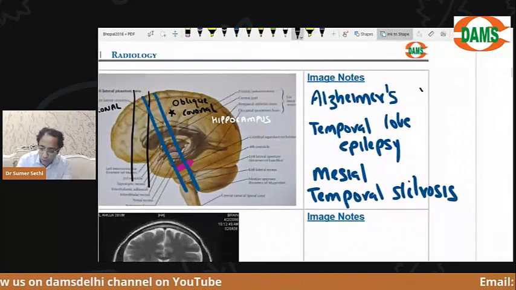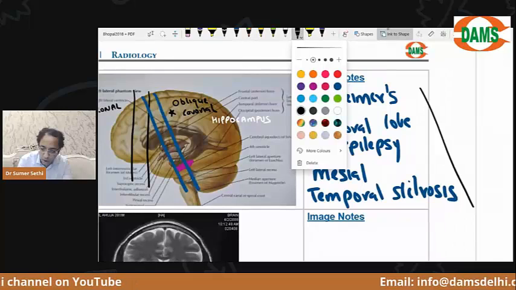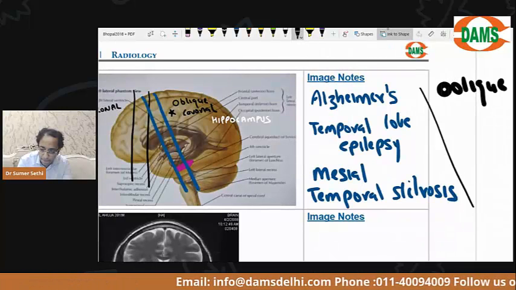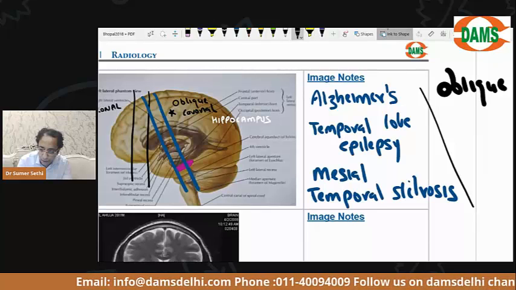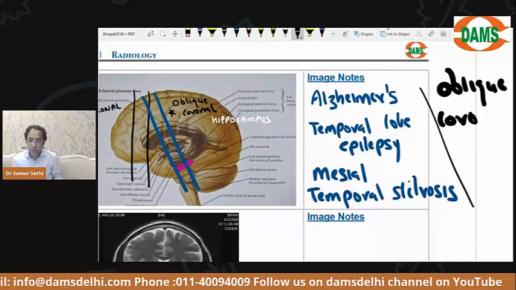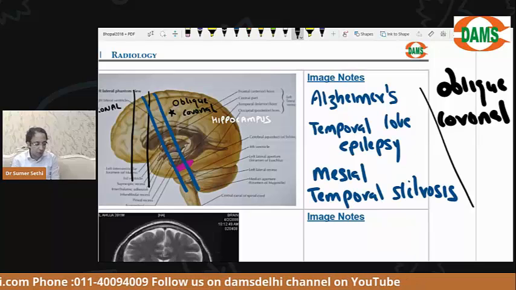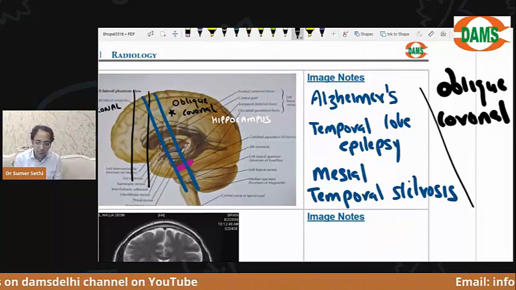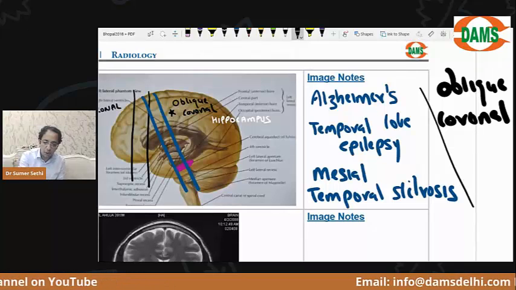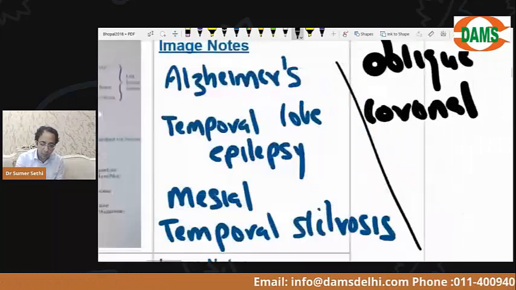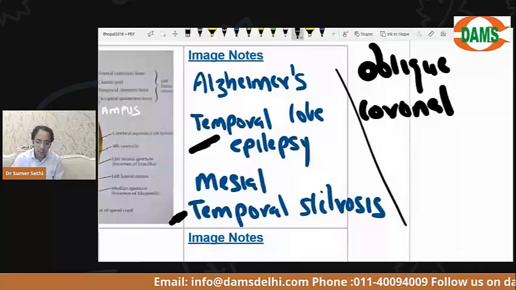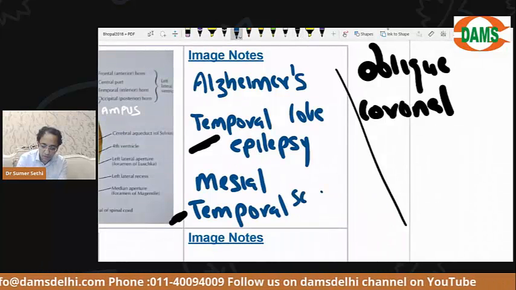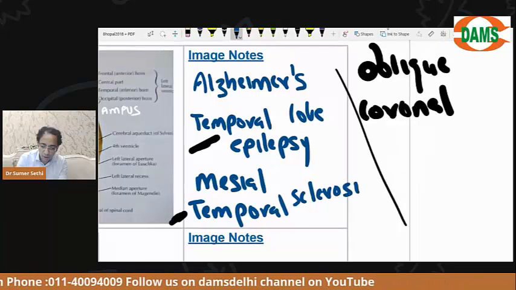We do an oblique coronal section, because in both the diseases we want to see the volume of the hippocampus. We want to see the volume of the hippocampus in Alzheimer's. We want to see the volume of the hippocampus in temporal lobe epilepsy, which is also written as mesial temporal sclerosis. You might have studied this, or you will study later.